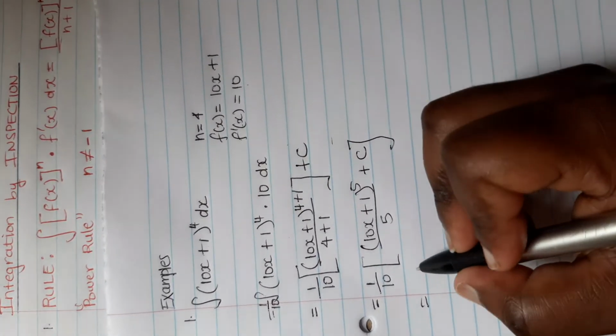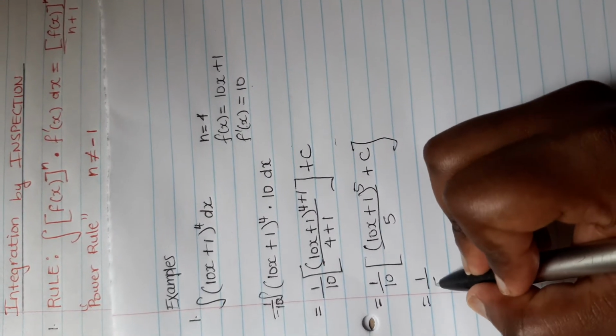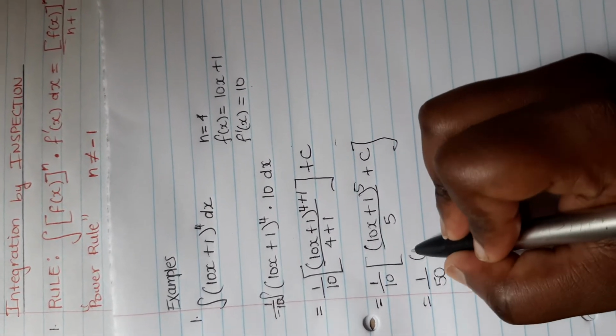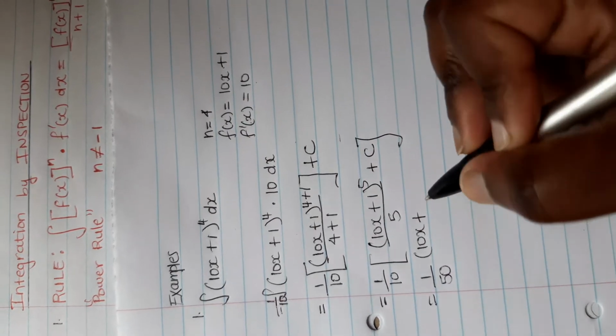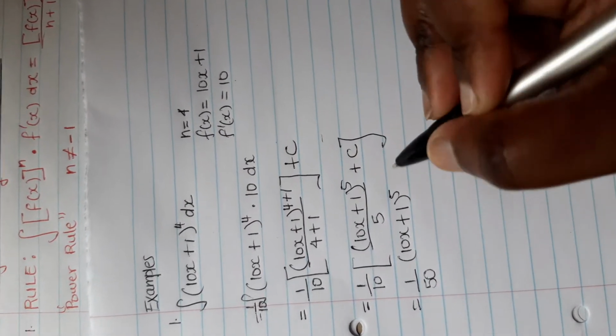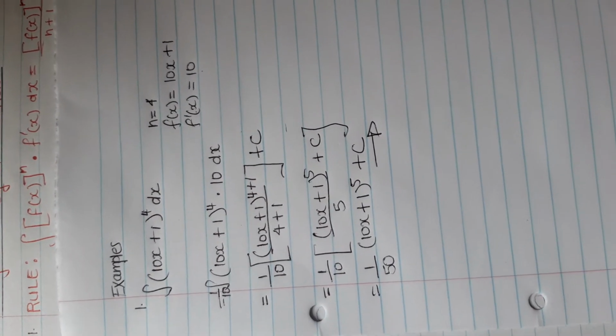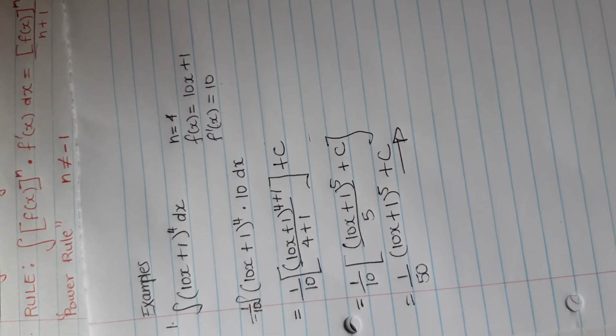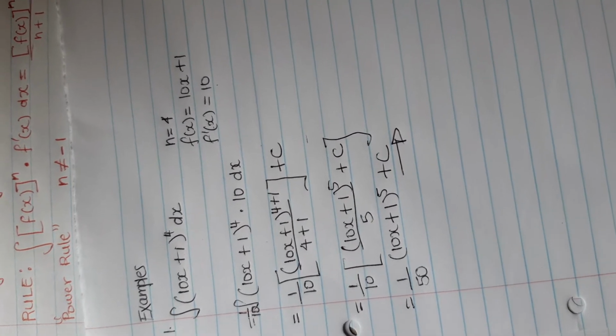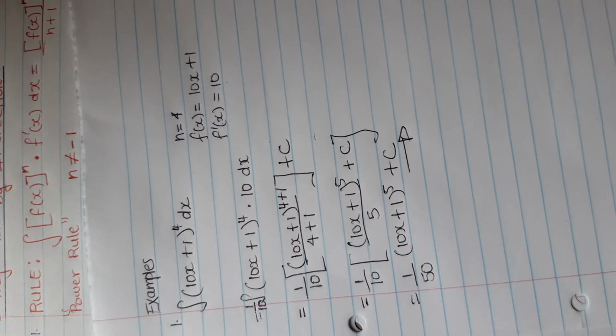Then the final answer will be 1 over 50 into 10x plus 1 raised to the power 5 plus c. Right, so the key here is to analyze the equation, check if it is in the format of the rule. If yes, then you can apply the rule. If no, you have to manipulate the equation in a way that will satisfy the rule.